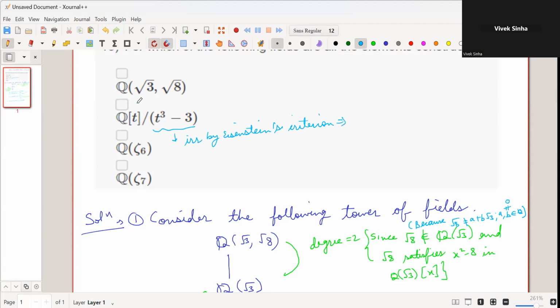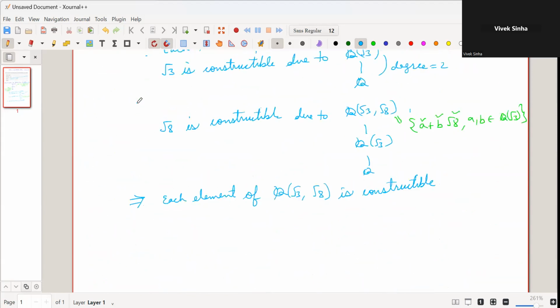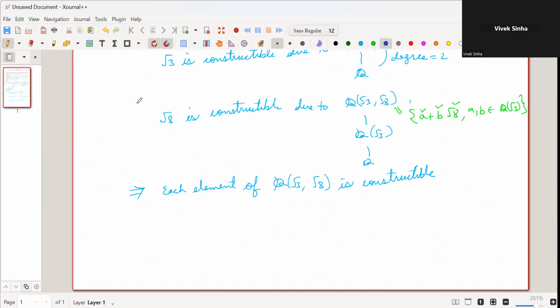This implies t cube minus 3 generates a maximal ideal, which implies that this is a field. So although it's just quotienting a polynomial ring by a polynomial, this is a field. Okay, let me write it here separately. That would be better.